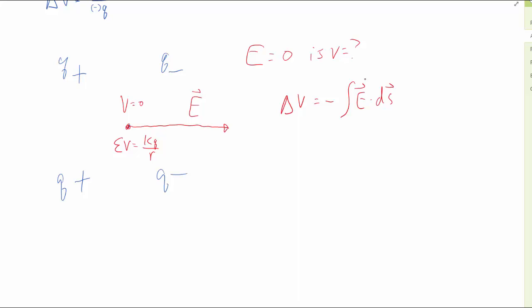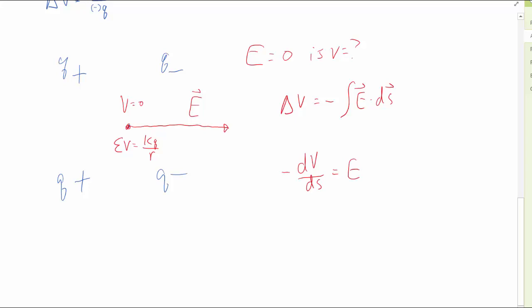So I'm going to go in the opposite direction and take the derivative of both sides. I take the derivative of delta V, that gives me dV/ds. Then I pull over that minus sign, and that's equal to E.